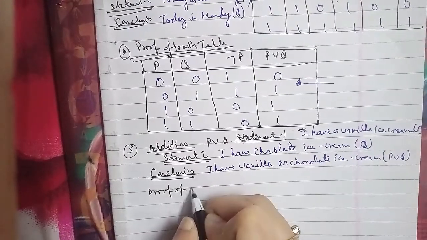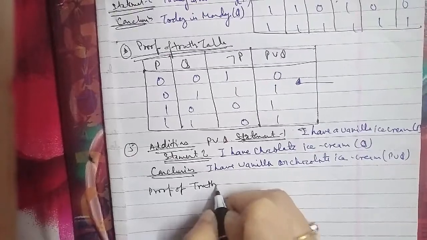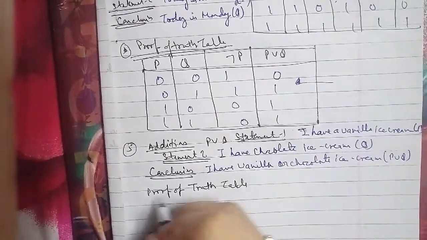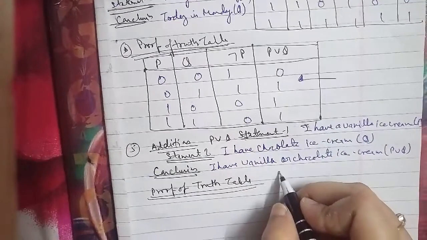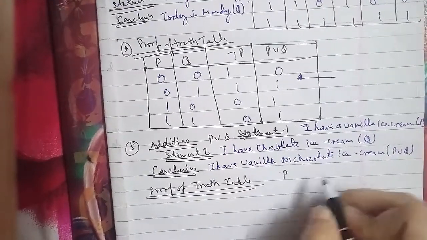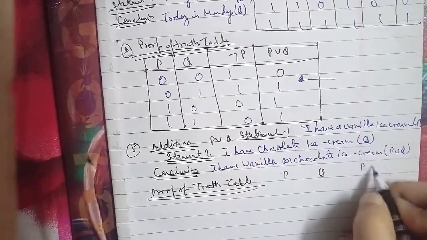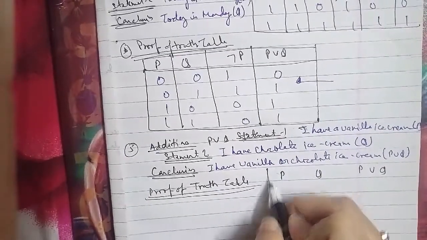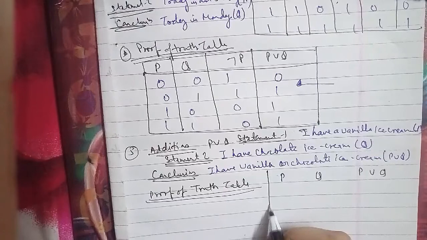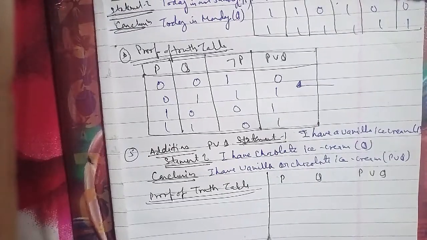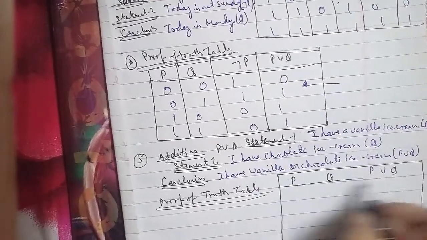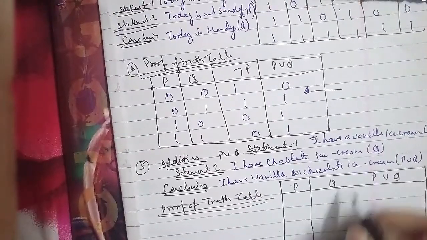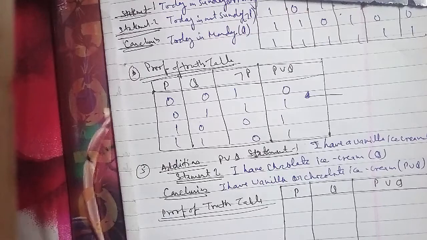Okay, so another we have is the sixth one, that is simplification. In terms of simplification, the simplification rule states that if P and Q is true, then Q or P will be true. So let's go ahead with the proof by truth table.